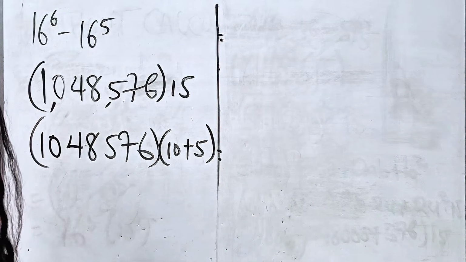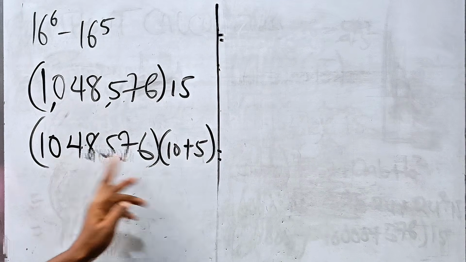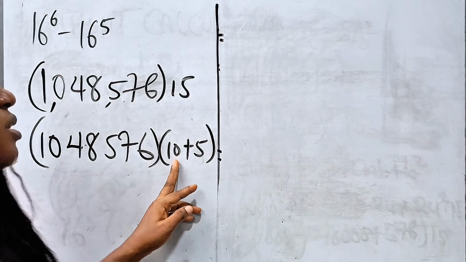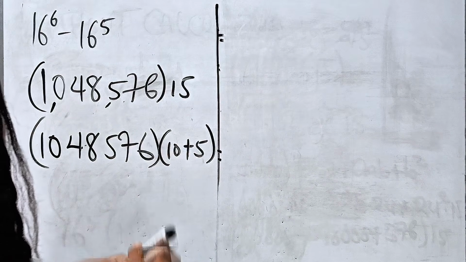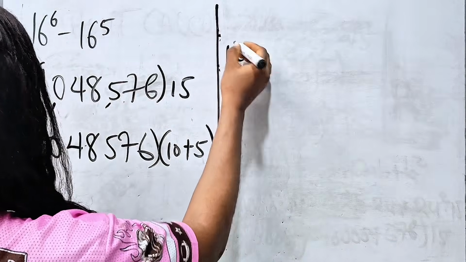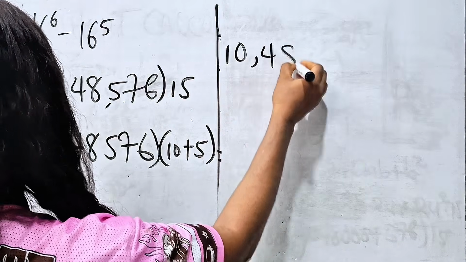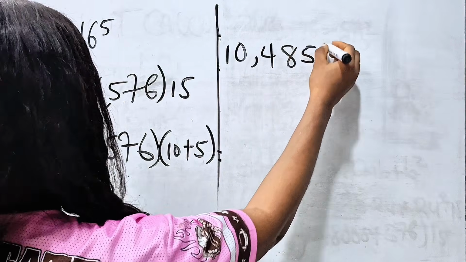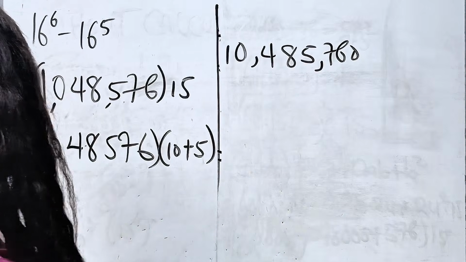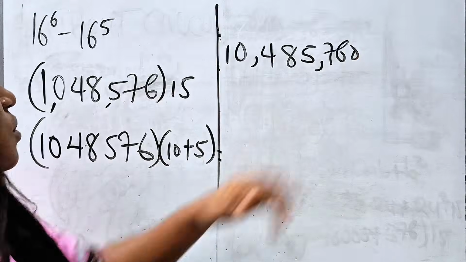Let me write on a clean place. So now we can multiply this by 10. To multiply a number by 10, just add 0 at the back of the number. So we have this times 10, which will give us 10,485,760. Because we're going to add 1 zero here.